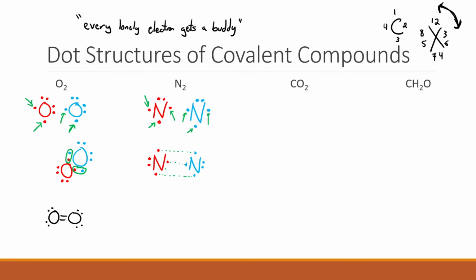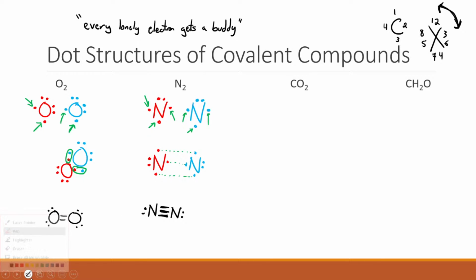Top connects to top, middle connects to middle, bottom connects to bottom. And this creates a triple bond, which when we clean that up is going to look pretty similar to a double bond, except with one more line in it.